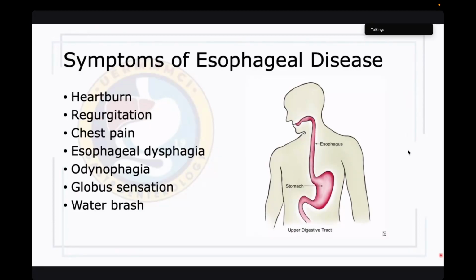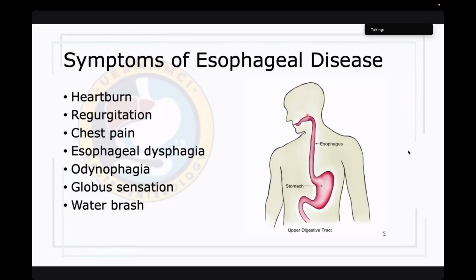Next, we have regurgitation. This is the effortless backflow of gastric contents, such as fluid or partially digested food, up into the throat and into the mouth. So the patients with regurgitation report a sour or burning fluid in the throat or mouth that may also contain undigested food particles.